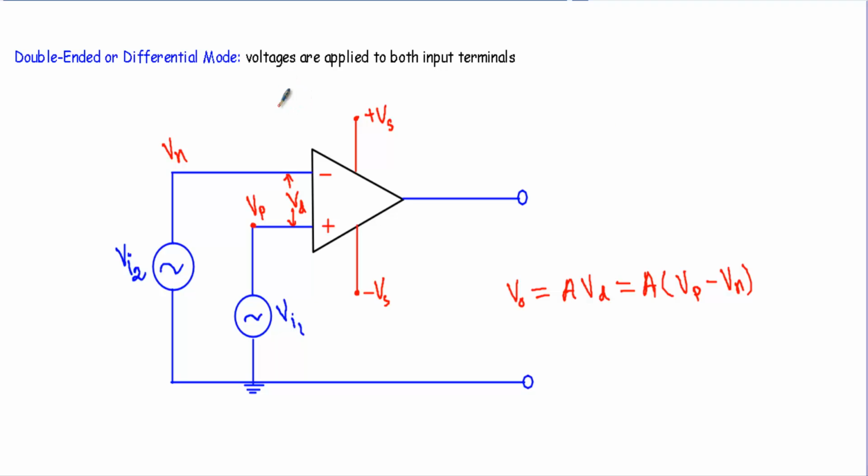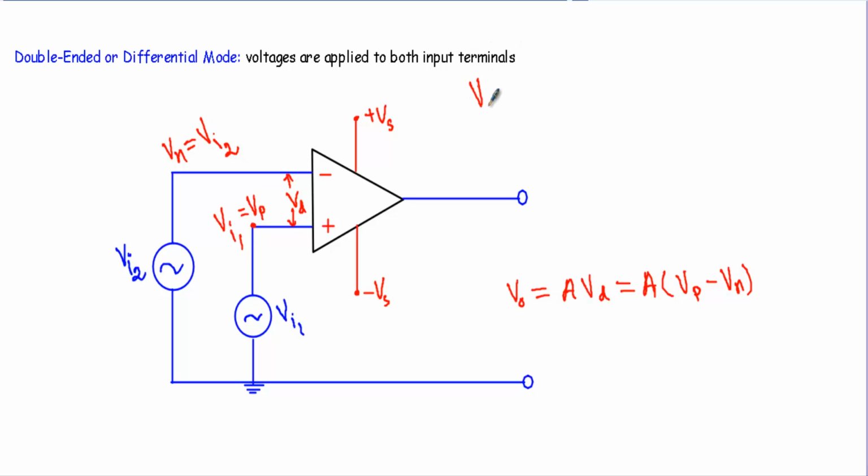If I apply our input voltage at both the terminals, that will be known as double-ended or differential mode. At the non-inverting terminal I am applying the input voltage Vi1, and at the inverting terminal I am applying Vi2. Therefore Vn will be equal to Vi2 and Vp will be equal to Vi1.